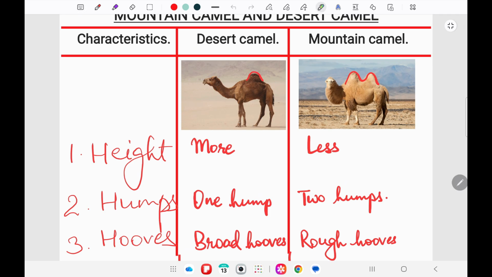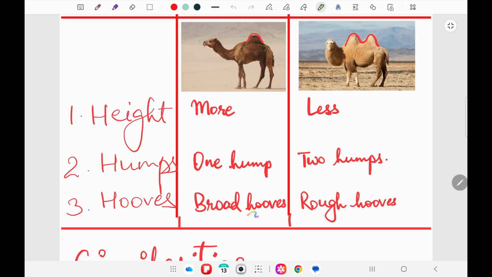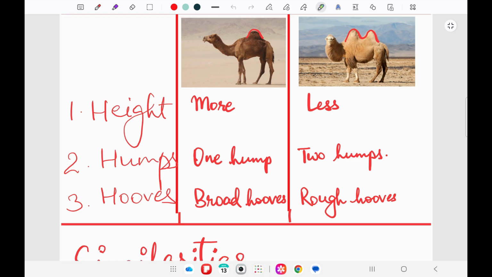The mountain camel has one hump while the desert camel has two humps. The hooves: the desert camels have broader hooves so that they do not sink in the sand, and the mountain camels have rough hooves so that they can walk easily through the rocky surface of the mountains.